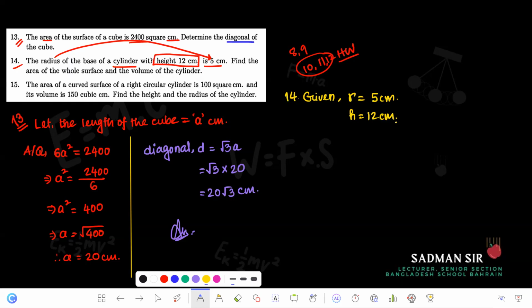See, all the information is directly given. Now you have to find the area of the whole surface. What is the area of the whole surface? 2 pi r into r plus h.